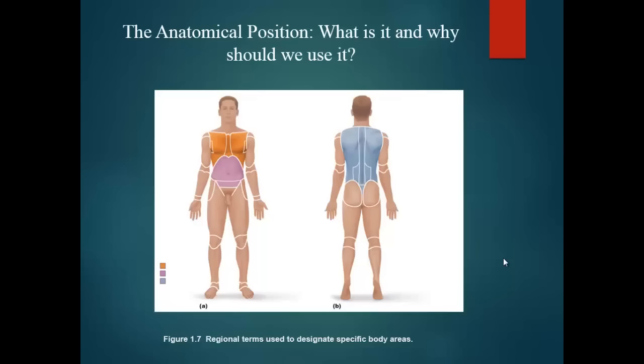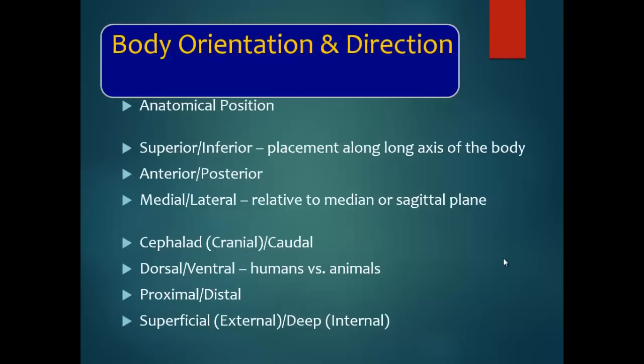We have times when a human moves out of this position, whether they be a healthy human and we're trying to describe the relation from a biomechanical analysis standpoint, or we might have an emergency situation where the person is in a position unlike anatomical position, but we still want to describe where we might find a laceration or a wound related to another portion of the body. In a nutshell, that's anatomical position and why it's important.